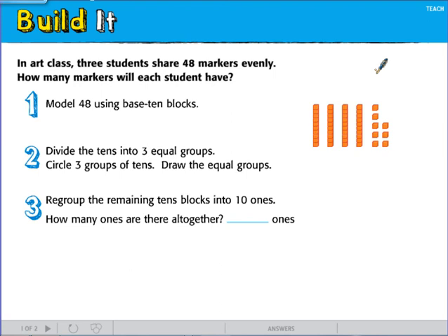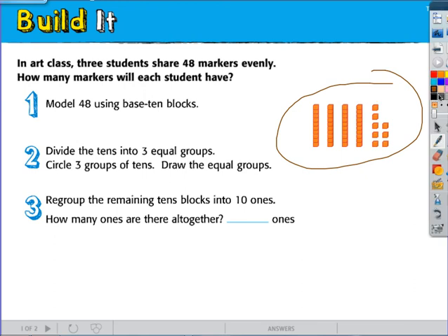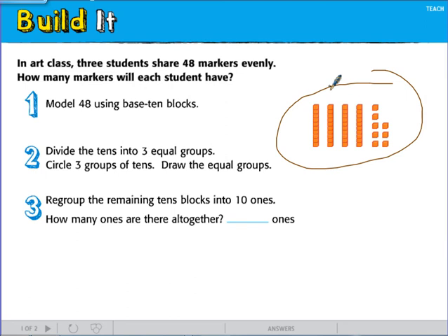The first thing we're going to do is come up with 48. So there's our 48. Okay? We have 4 tens and 8 ones. Now we're going to divide the tens into 3 equal groups. Just the 10 blocks, not the rest of them, okay?